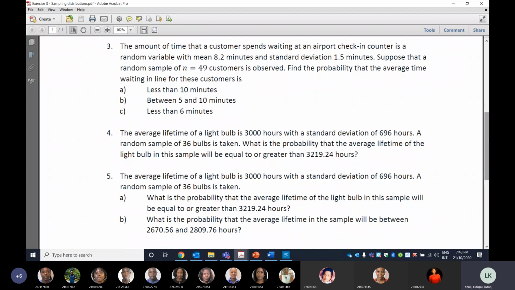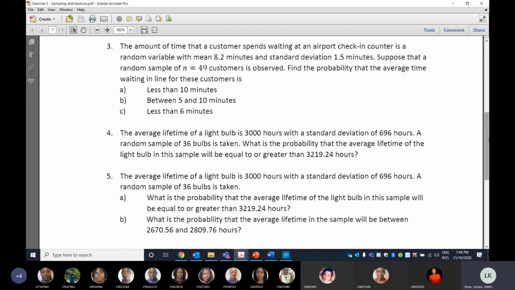So let me write that down for you guys who don't have the question. Essentially what it is saying is, what is the probability that the lifetime of the bulbs is between 2670.56 and 2809.76?